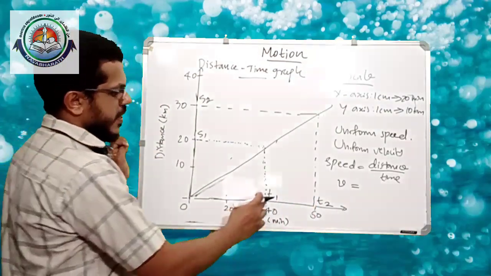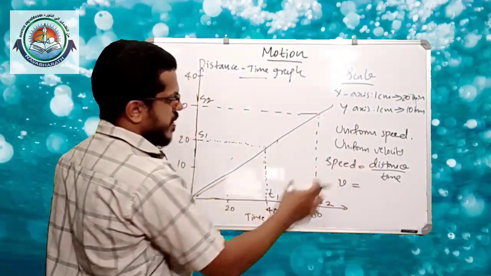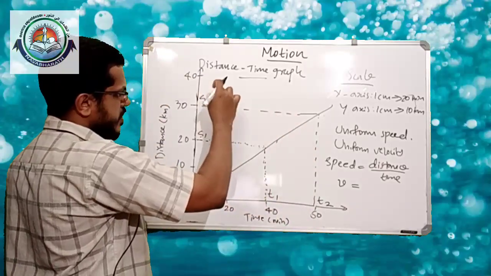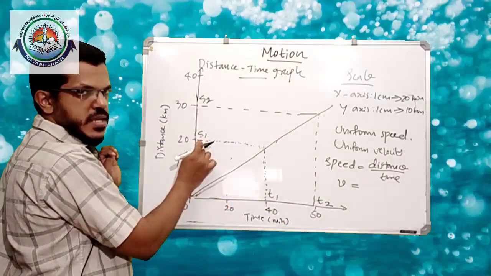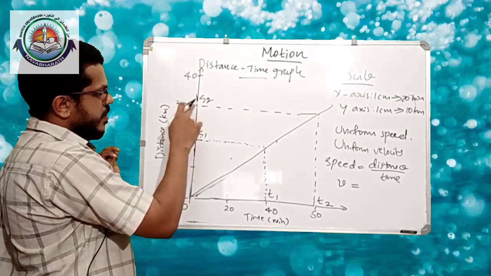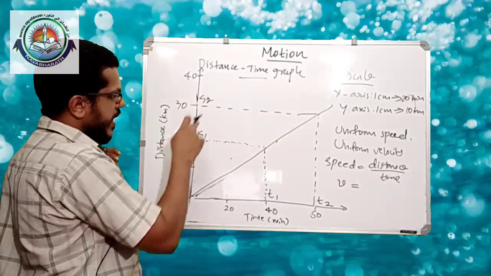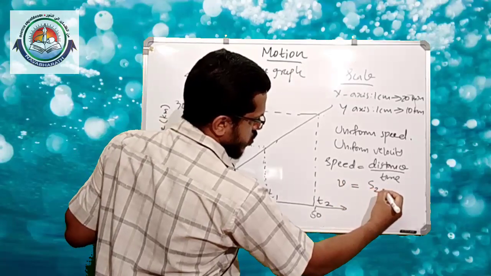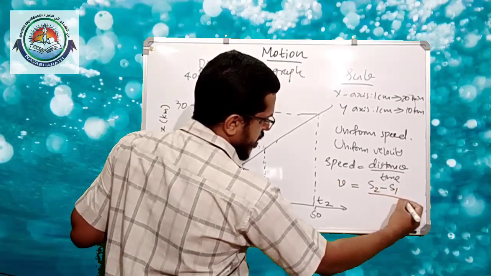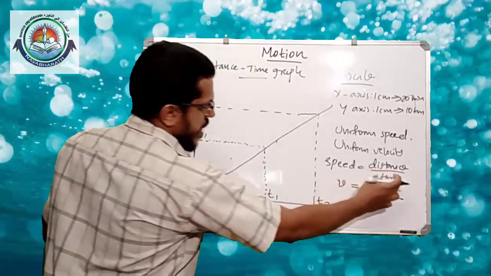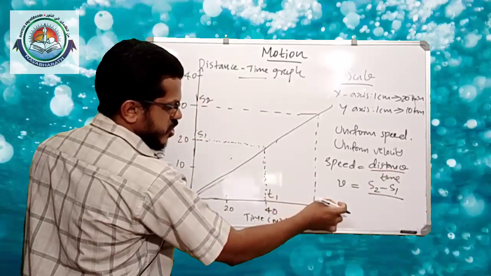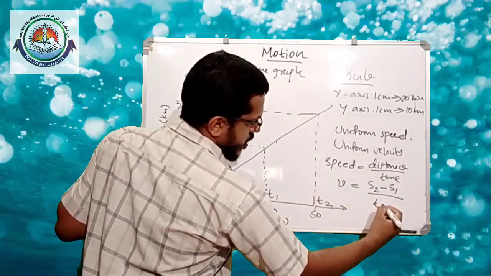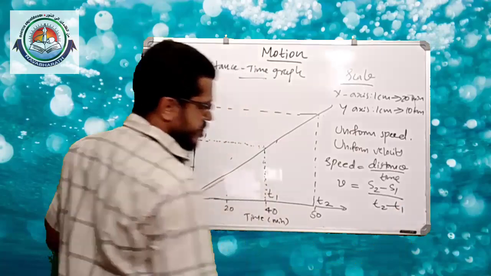Here s2 minus s1 is the distance. In the first case we did 30 minus 20, like that, s2 minus s1, that is the distance, divided by the time interval, that is t2 minus t1.